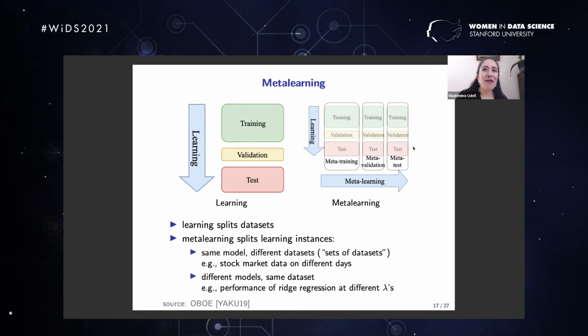Meta-learning does the same thing, but it splits learning instances. Oftentimes what you would do is take a big collection of data sets. These exist on the internet. You could take all the data sets in OpenML, or all the data sets on Kaggle. Or maybe for your company, you have a collection of data sets that you think is interesting. Maybe you've got the stock market data on different days, or different assets.